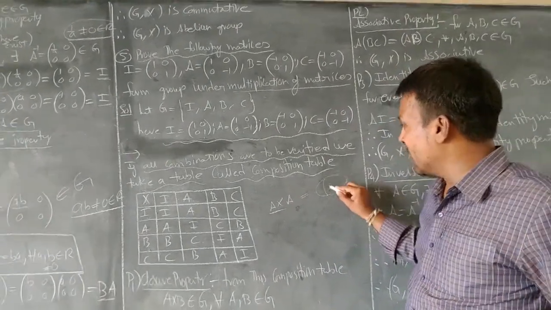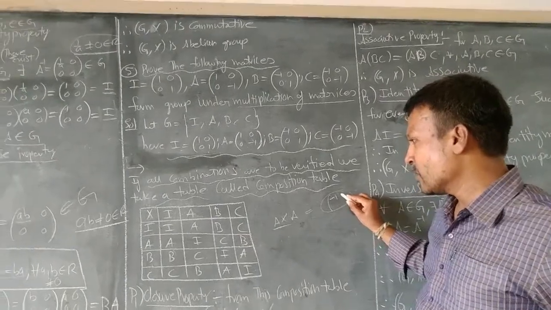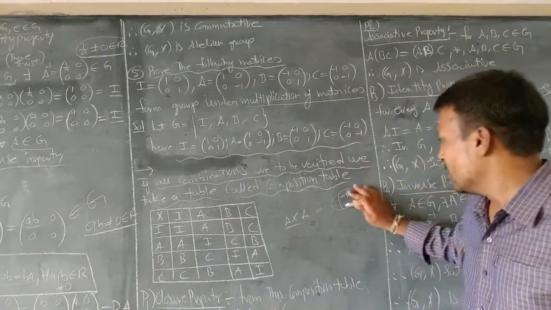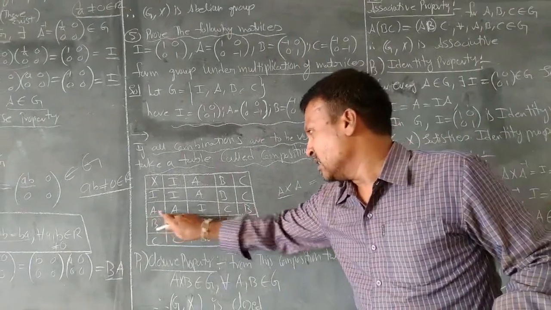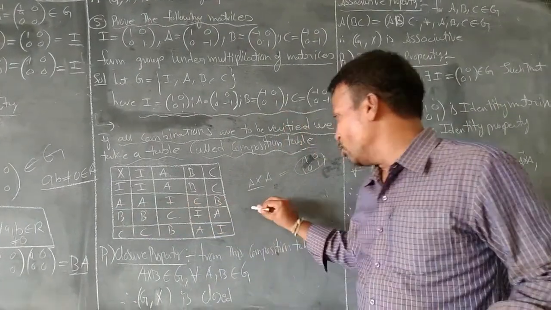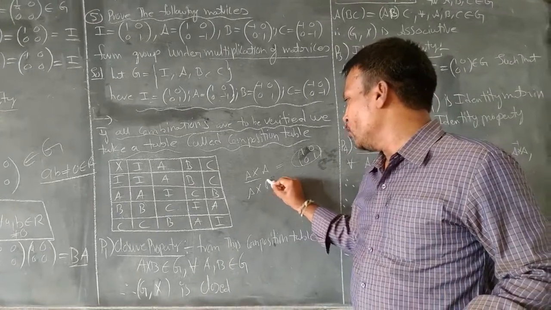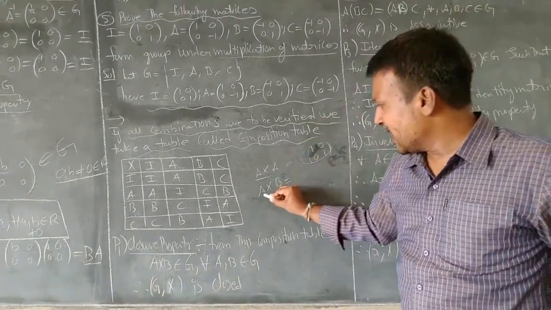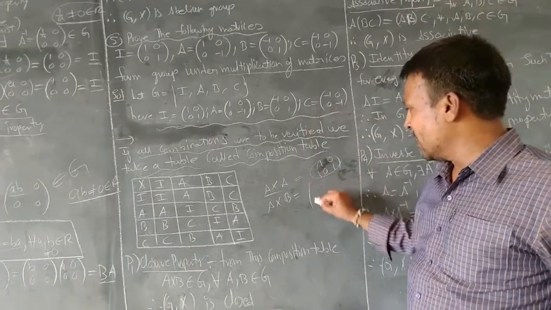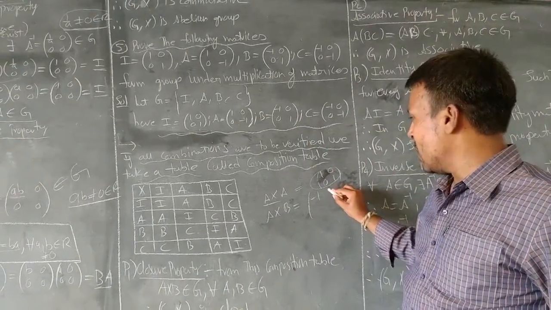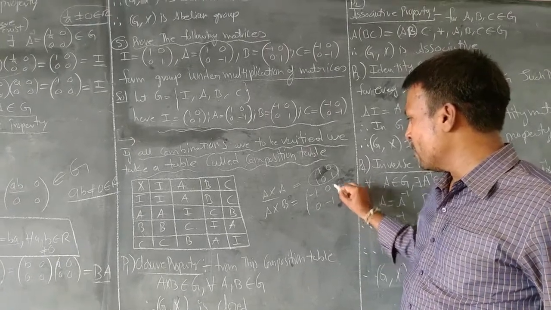Sorry, A into A is I. We get 1 0 0 1. And see here, it is written as A into B is equal to C. If we take the original matrix of A and the original matrix of B, definitely we will get C, that is minus 1 0 0 minus 1.